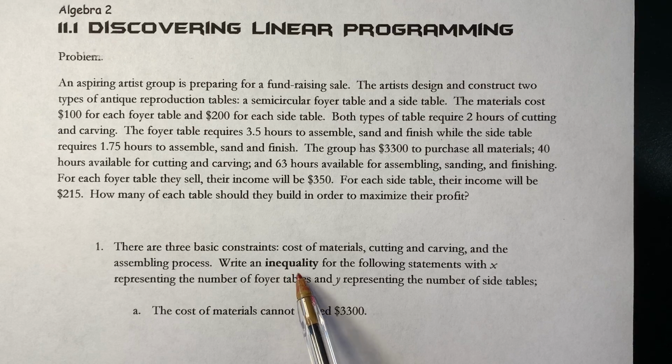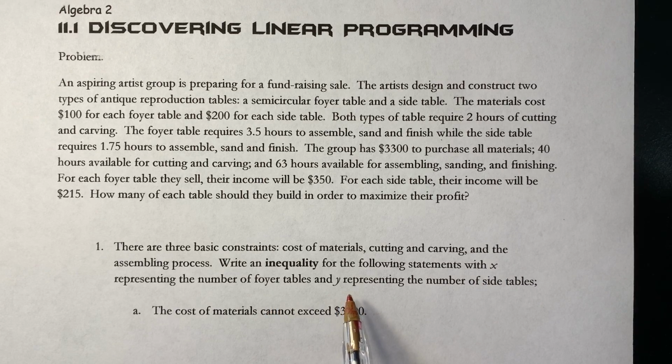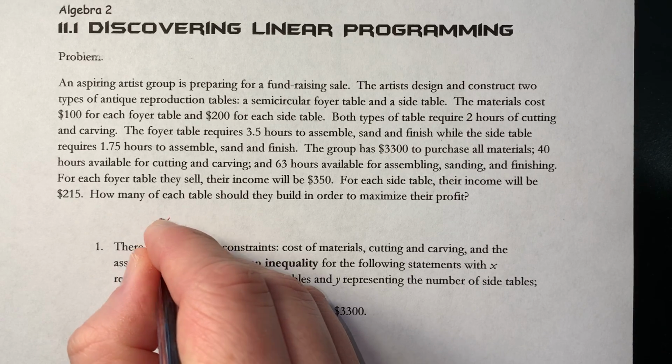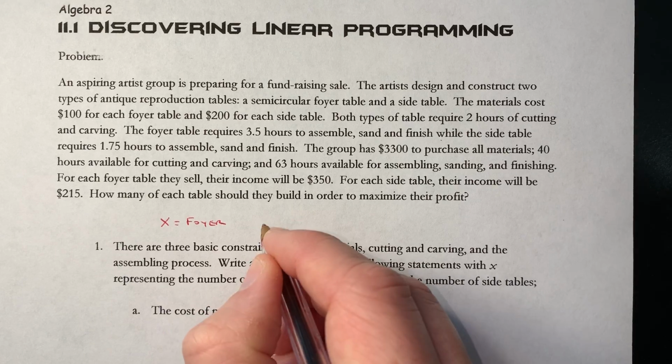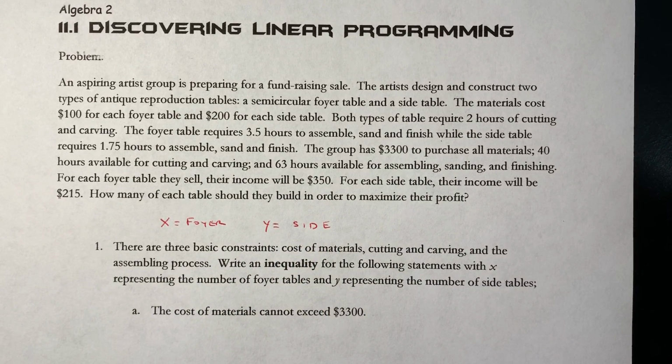We're going to write some inequalities for some different restraints, where X is going to represent foyer tables, Y is going to represent side tables, and I'm just going to make a note of that right here. X equals foyer tables, and Y equals side tables. The cost of materials cannot exceed $3,300.